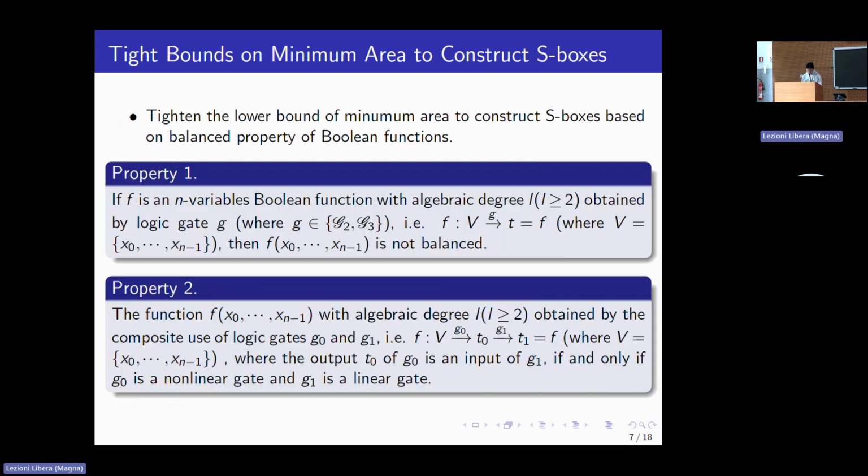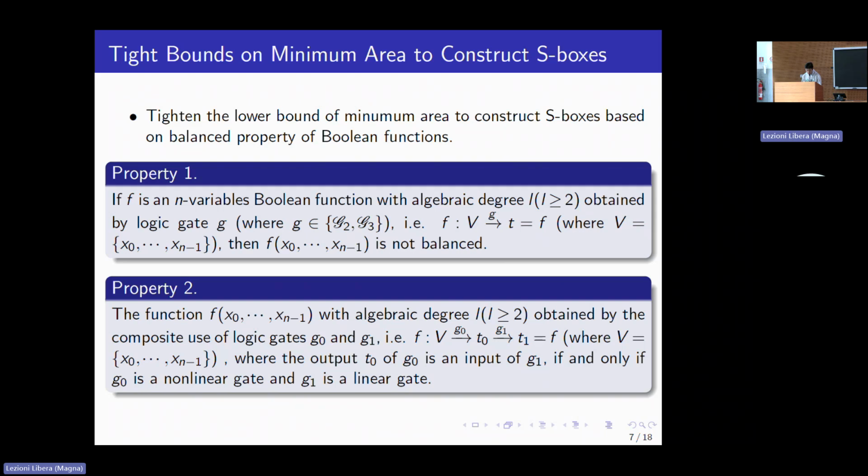And for the lower bound of S-box area, we relax the constraint conditions on the Boolean function of S-box. We only require each Boolean function to be balanced. By using the balance properties of a Boolean function, which are property 1 and property 2, we determine that the area lower bound for implementing two Boolean functions of an S-box is 6 GE.